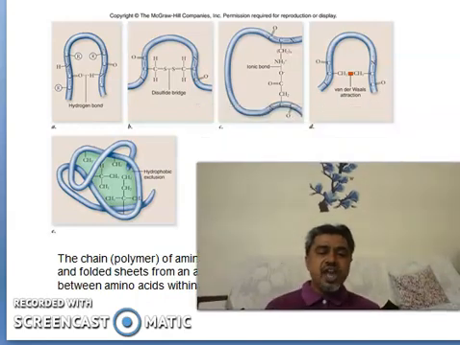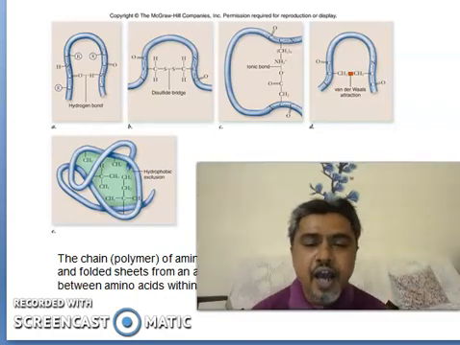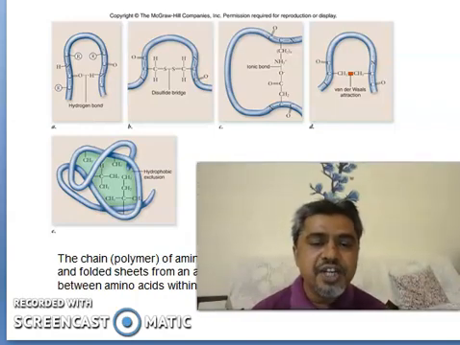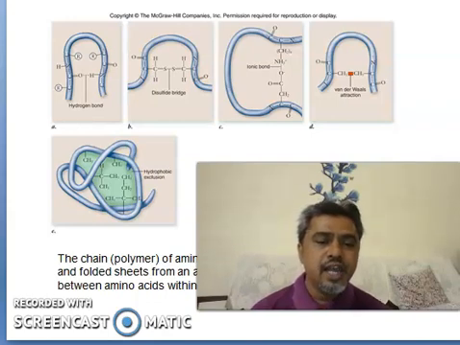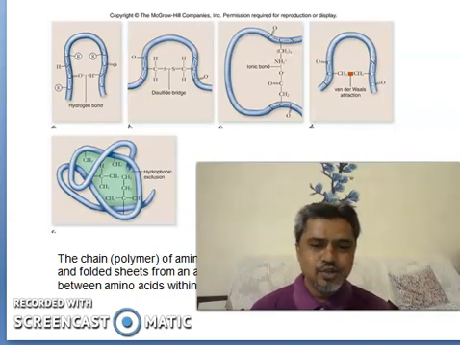In between you will find hydrogen bonds, disulfide bridges between sulfur atoms, ionic bonds between carboxyl and amino groups, and van der Waals forces between CH2 and CH2.